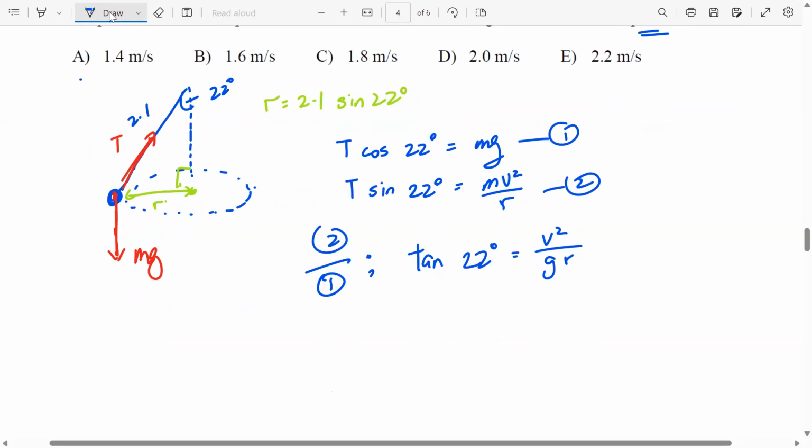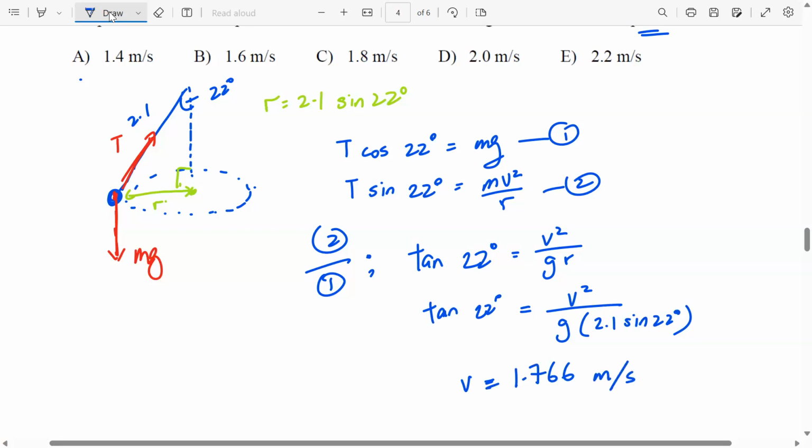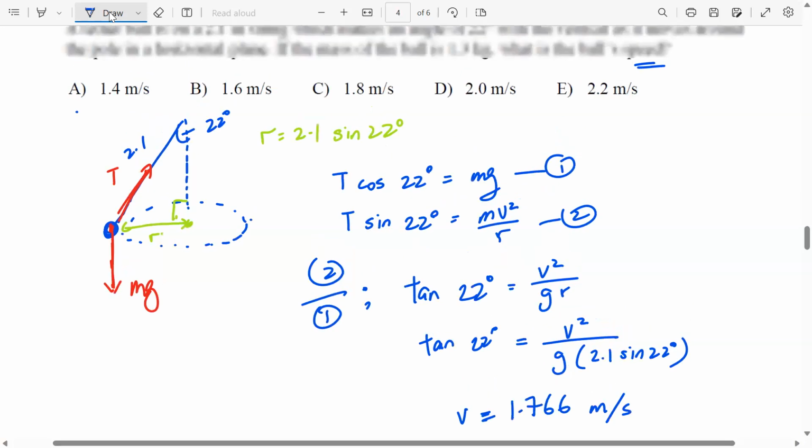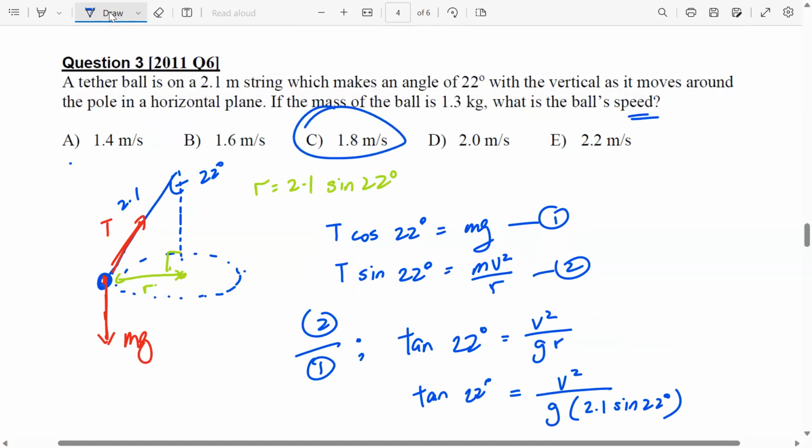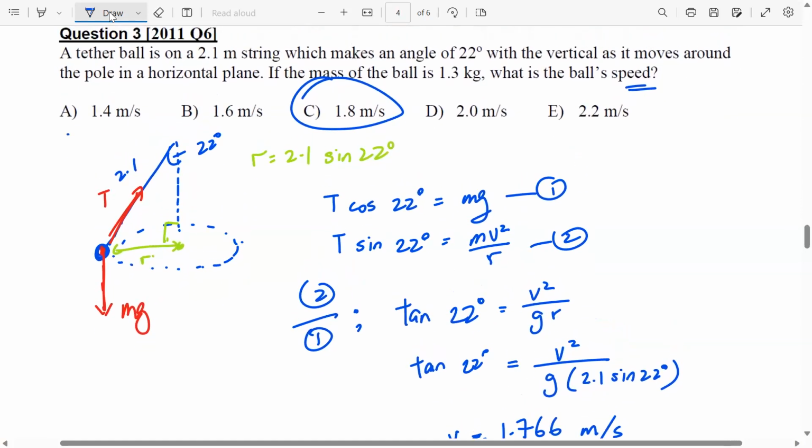And this is also equal to V squared over G times 2.1 sine 22 degrees. Now just key everything into your calculator. You'll get your V as 1.766 meters per second. Okay, I put more SF for you to follow. So you can see that the answer is going to be C, 1.8. Okay, so that is for question 3.